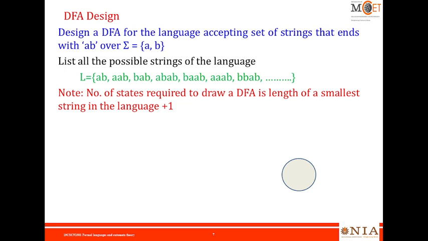So the number of states required is the length of AB plus 1, which is 2 plus 1 equal to 3. So we need 3 states to draw this diagram.